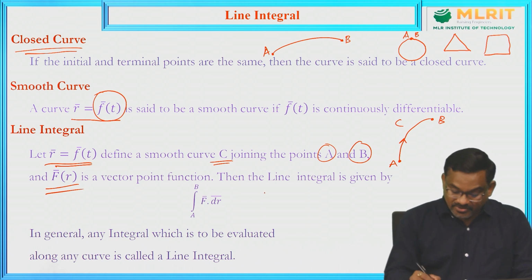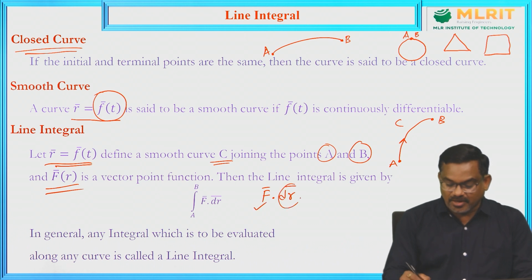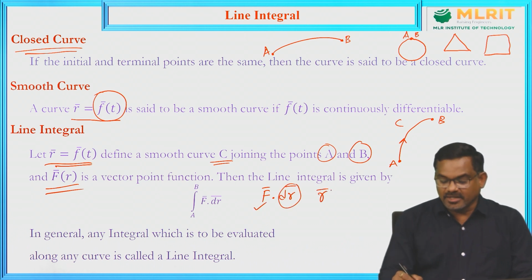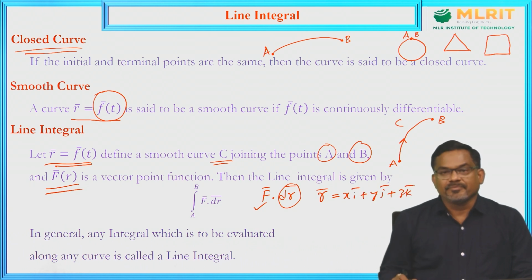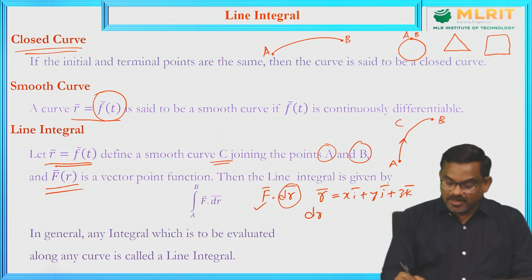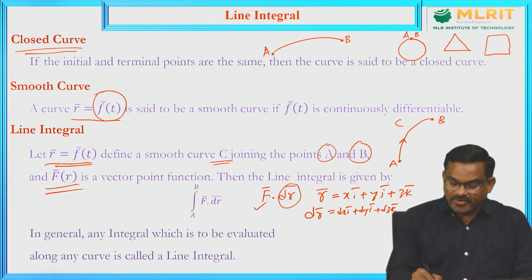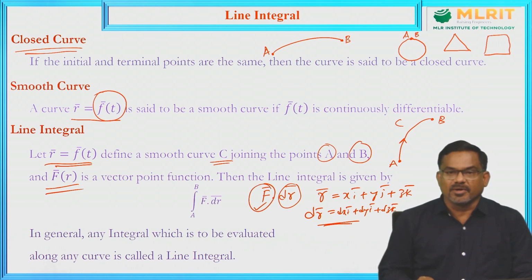So, here we need to calculate first f bar dot dr bar. F bar is the given vector, and what is dr bar? We know that r bar is the position vector given by x i bar plus y j bar plus z k bar. And what is dr bar? Simply differentiate it: dx i bar plus dy j bar plus dz k bar. Now find the dot product between the given vector and this dr bar. Then integrate between the limits.